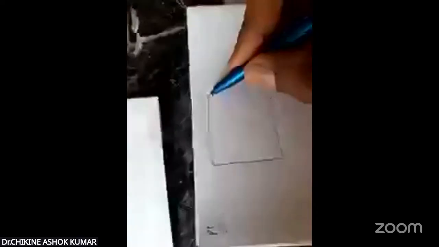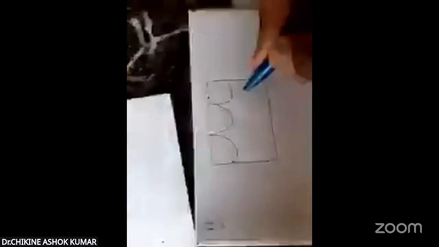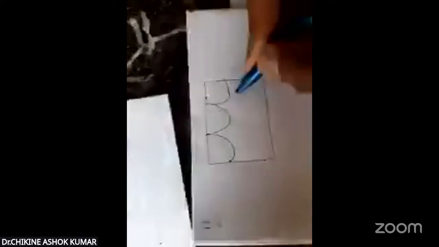This is a Venn diagram. How many events have we taken? Mutually exclusive events. Let us suppose this is A1, this is A2, this is A3, A4, A5, A6, A7, and up to An.